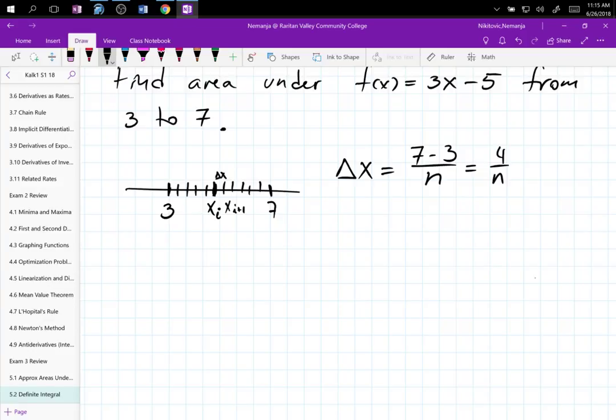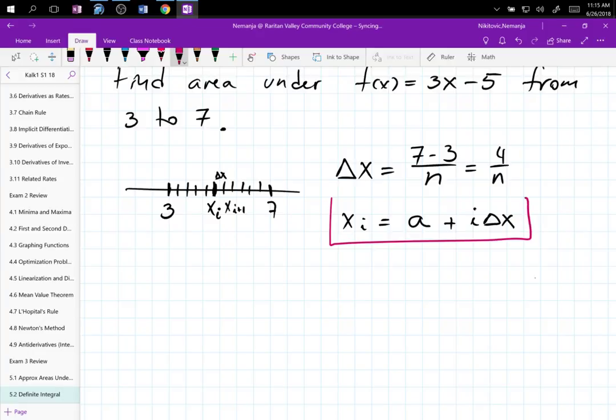The location of xi will depend on i, and we can figure that out with a plus i delta x. This is the formula for xi, because your problem always starts at a value, right?